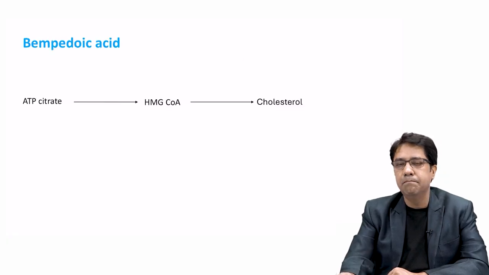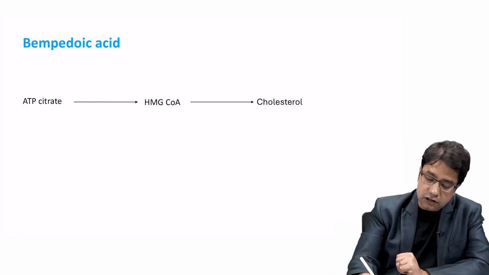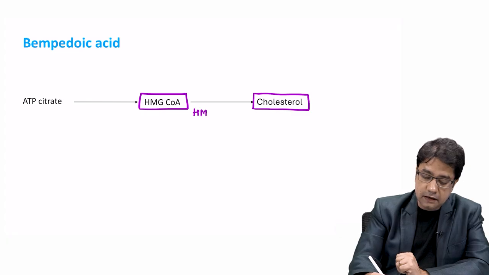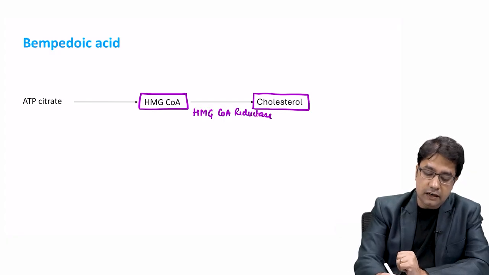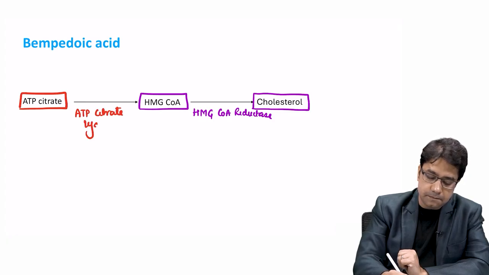Next, a new drug is bempedoic acid. We just discussed that cholesterol is produced from HMG-CoA by the enzyme HMG-CoA reductase. But this HMG-CoA is produced from ATP citrate with the help of the ATP citrate lyase enzyme.